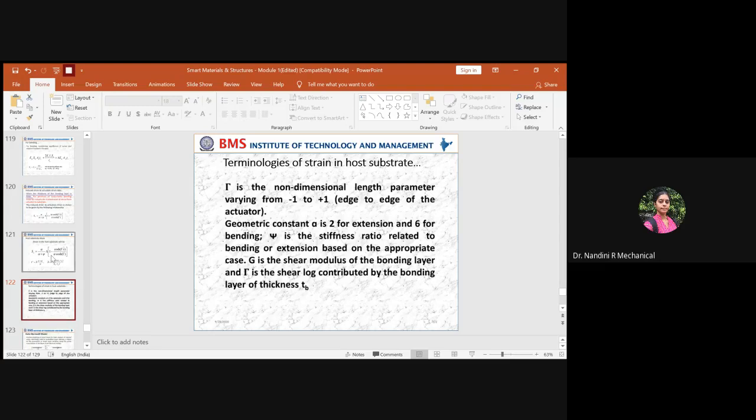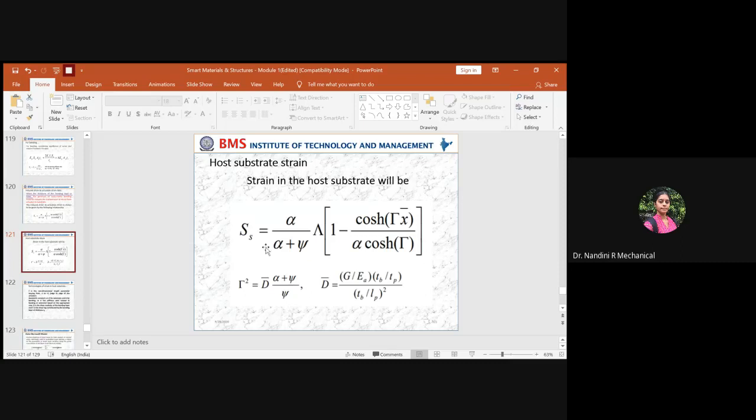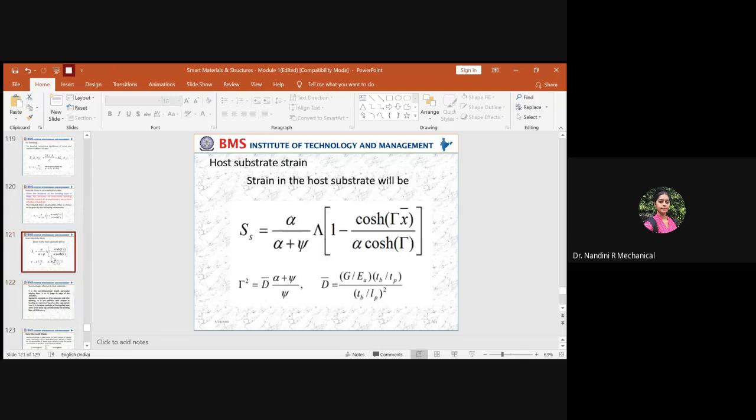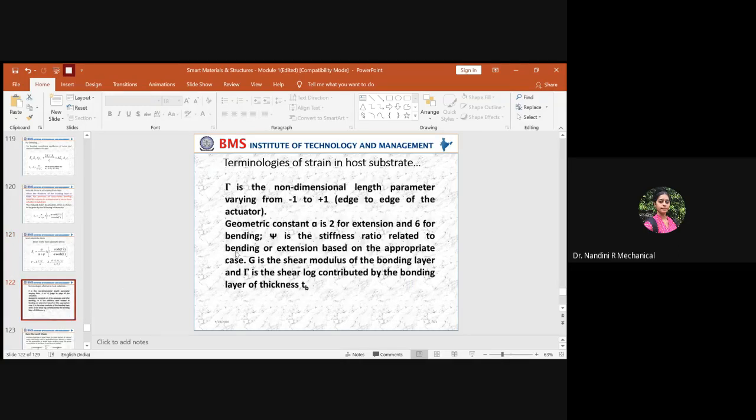Apart from that, you have alpha. Alpha is the geometric constant, and this constant is equal to 2 for extension, meaning if you have a displacement. The geometric constant alpha will be equal to 6 if you are having bending.